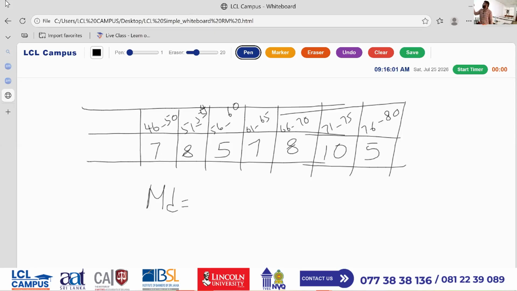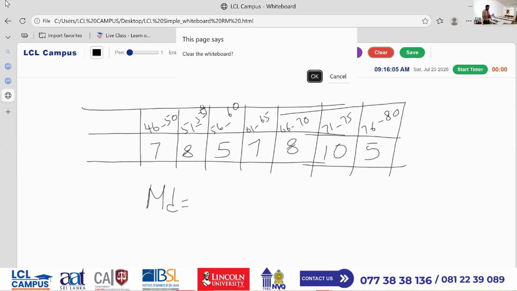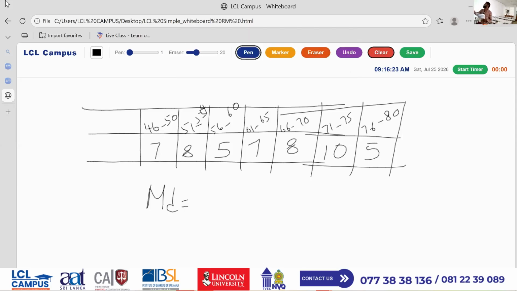Median formula equals L1 plus N over 2 minus FC over Fm into C, right?